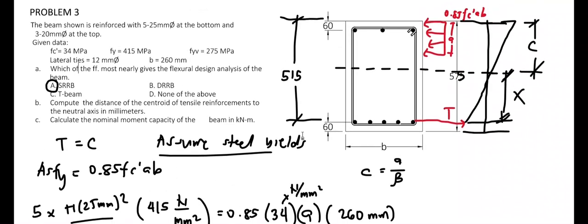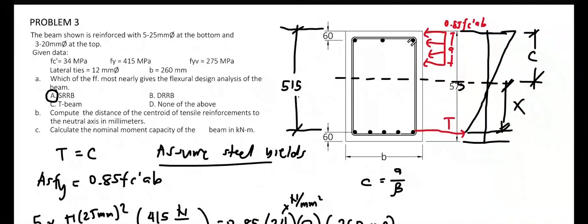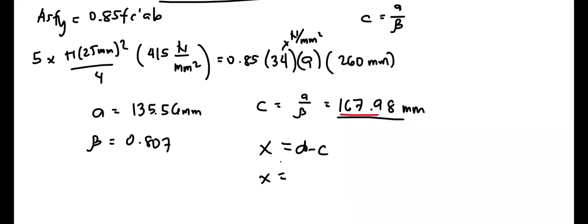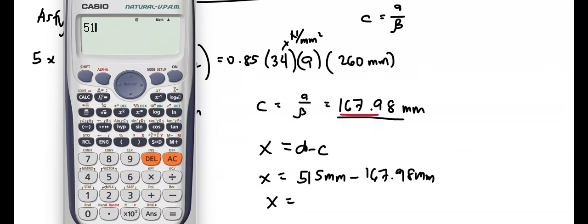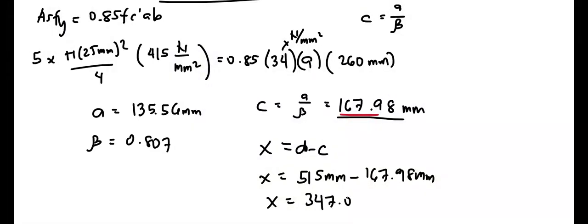So we have d equal to 515 minus c. Solving for x, we get a value equal to 347.02. And that serves as the final answer for the second problem.